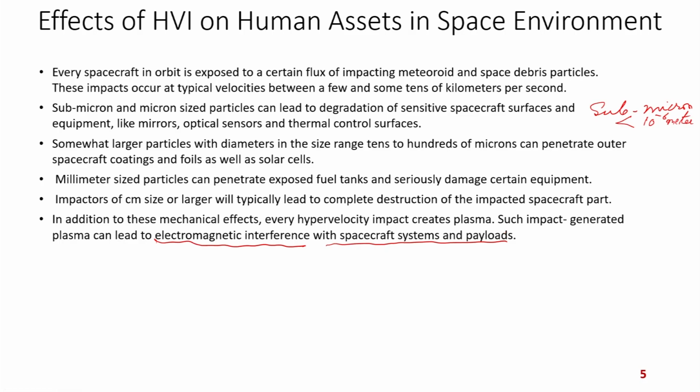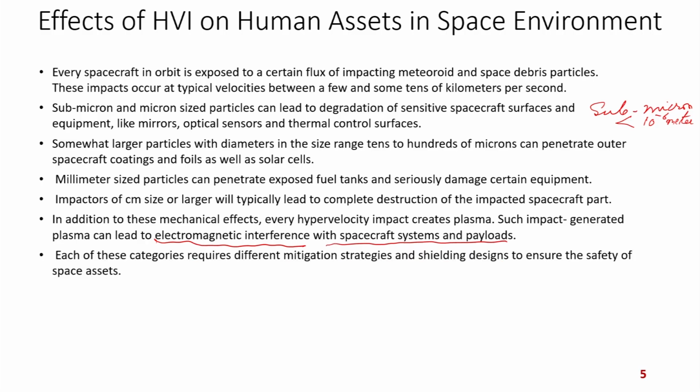We will discuss this in more detail when we cover the plasma induced by the spacecraft itself. We discussed the different categories, from micron size to centimeter size, and each requires different mitigation strategies and shielding design to ensure the safety of the space assets.